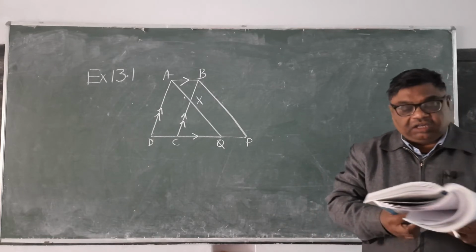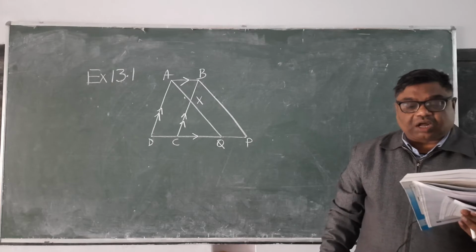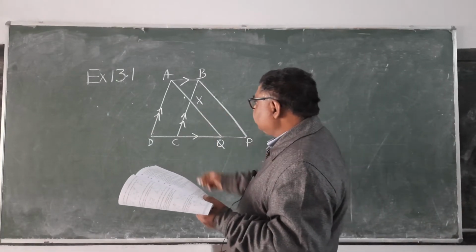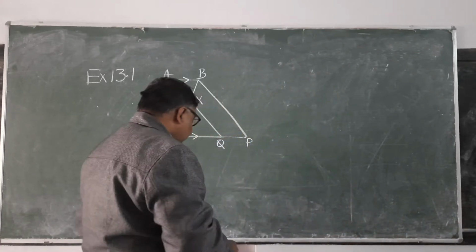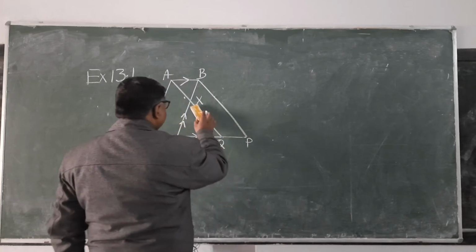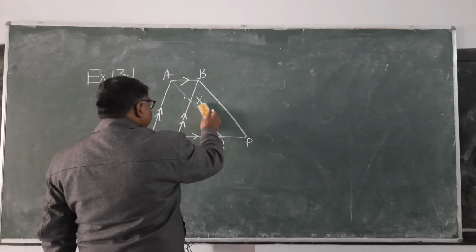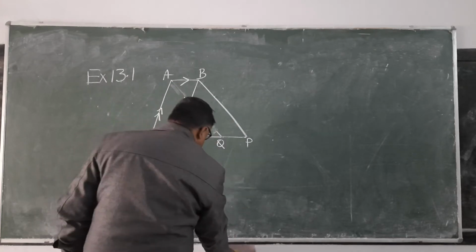Here it is given, in the figure given below, ABCD is a parallelogram and X is the midpoint of BC. Here it is not like the midpoint, so just slightly make some change here.